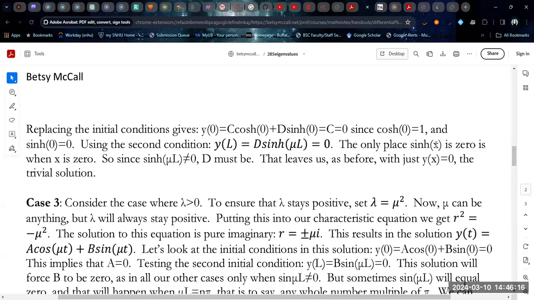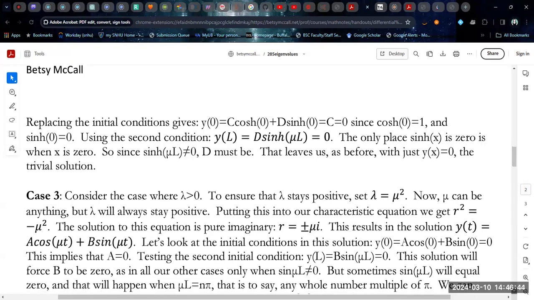The only place hyperbolic sine is 0 is at 0. And so since the hyperbolic sine cannot be 0, that forces d to be 0 as well. And again, that leaves us with only the trivial solution. We have a similar thing going on with the exponential version of the equation: neither of the exponentials can be zero, and so that forces the coefficients to be zero, and we're back to the trivial solution.